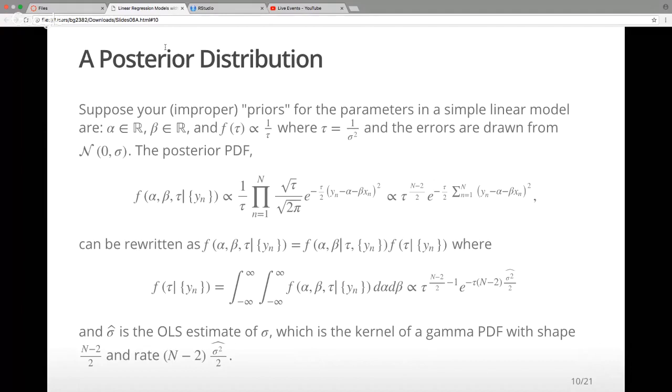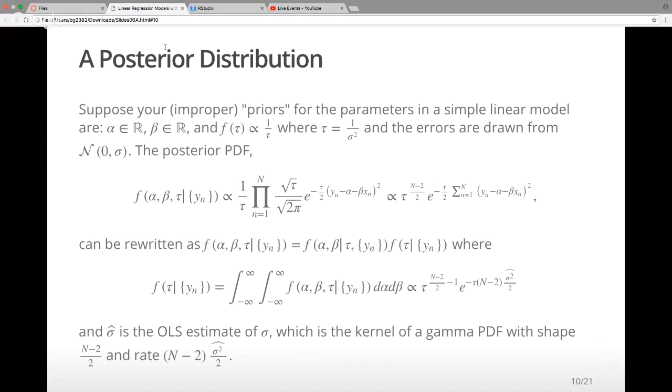We can use the multiplication rule to write this as the PDF for alpha and beta given tau and the data, multiplied by a PDF for tau given the data alone. So the multiplication rule implies the thing on the left. It turns out this is one of the few 2-dimensional integrals we can actually do analytically.